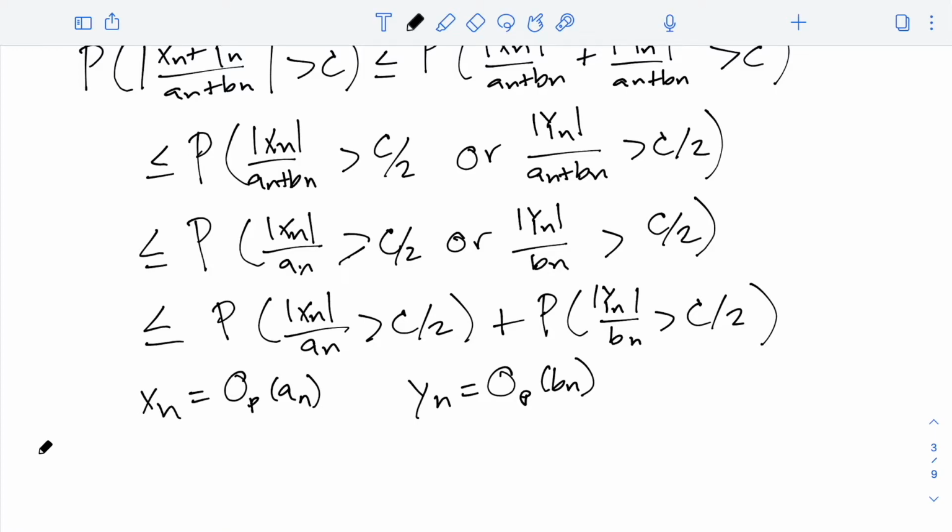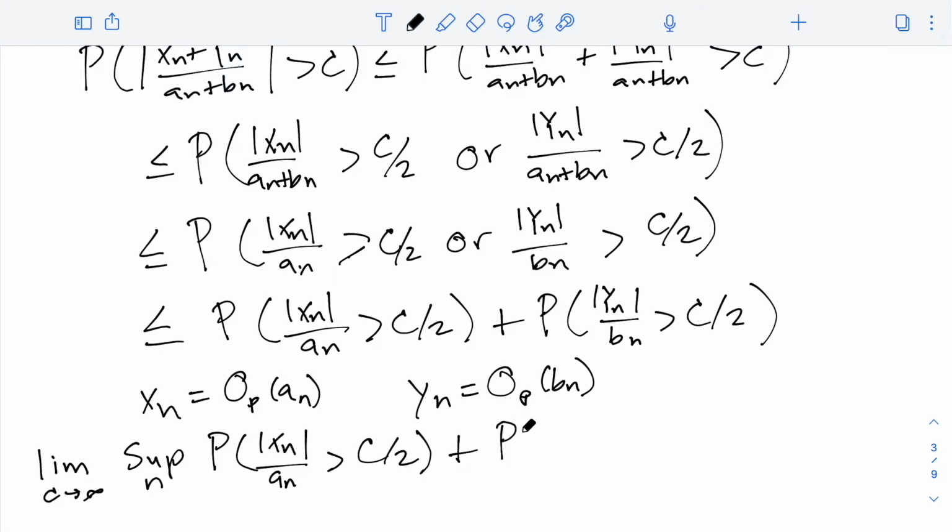Okay, so we can say the limit as c goes to infinity of the supremum over n of the probability that |Xn| over an is greater than c over 2, plus the probability that |Yn| over bn is greater than c over 2, this we know is equal to 0. Again, because Xn is bounded in probability by an, and Yn is bounded in probability by bn.